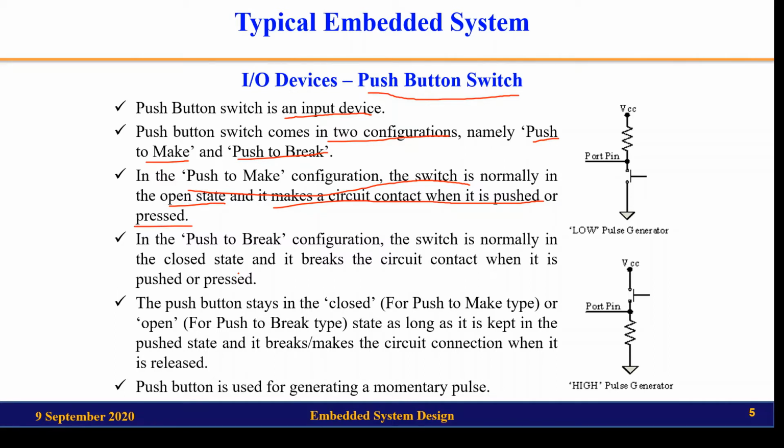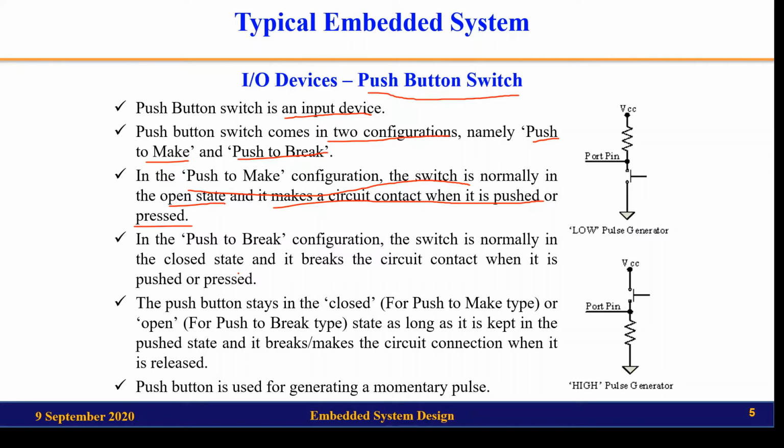We can say that in push to make, the default position is open, and in push to break, the default position is closed. When we push it, push to make forms the closed contact, and when we push it in push to break, the contact will be open.